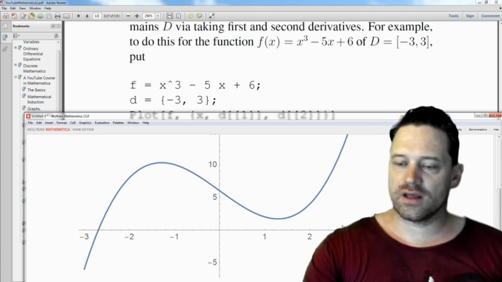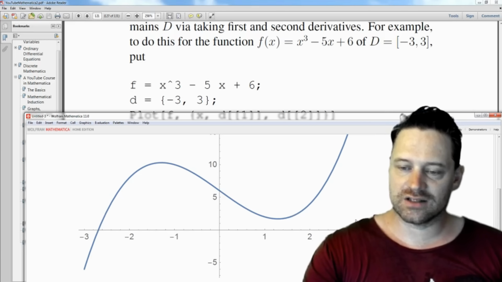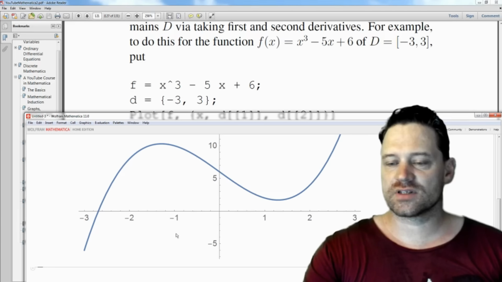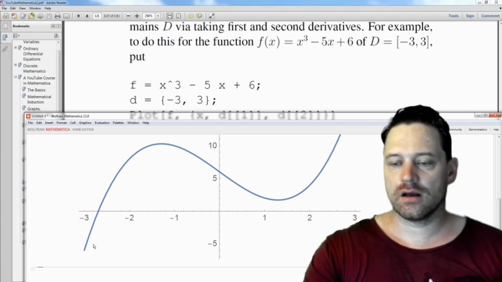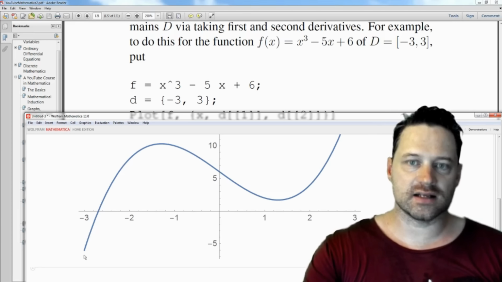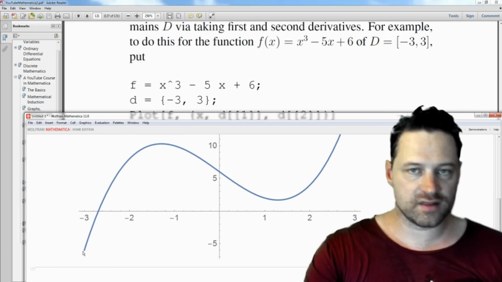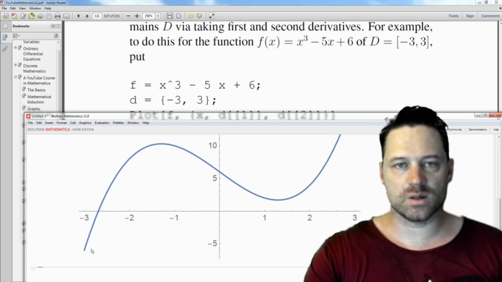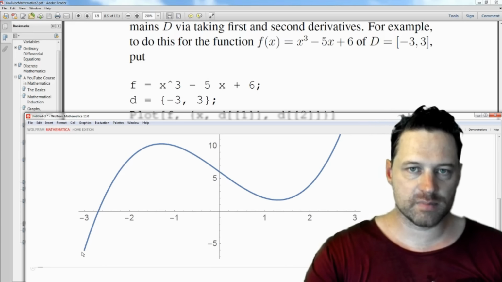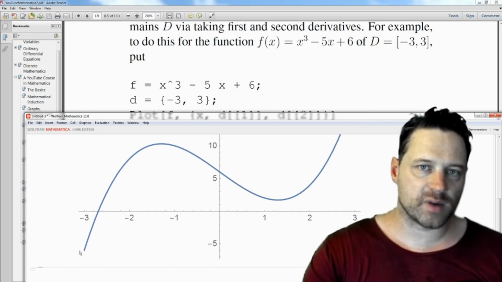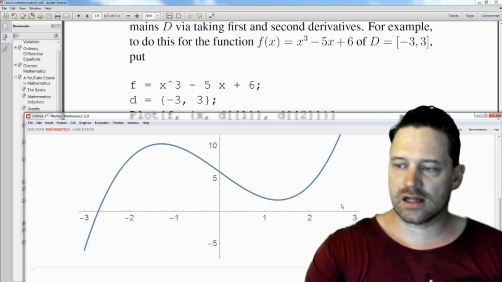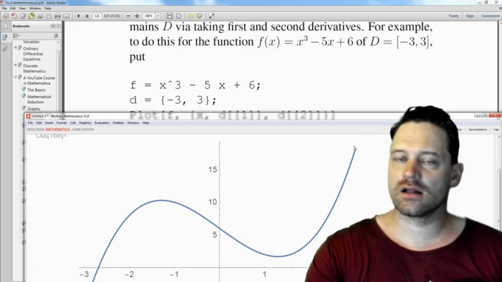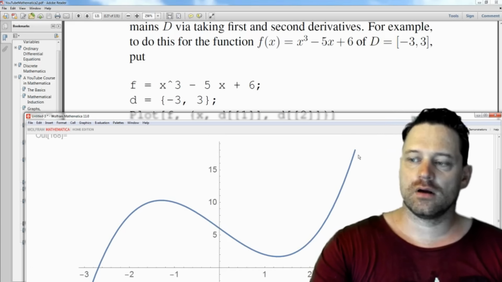Now if we are considering this within the domain from -3 to 3, you'll see that this point down here, when x is -3, is the lowest overall within this domain. So this we call a global minimum because it's the minimum overall within that domain from -3 to 3. Now let's scroll up and have a look. This up here is a global maximum.